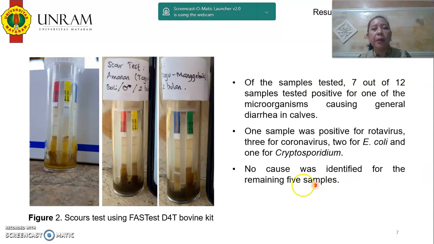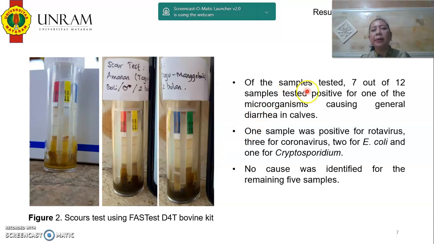Samples from 12 scouring calves were tested using the Fast Test D4T bovine kit as shown in figure 2. This is some of the samples that we have tested. For example, this one shows positive for coronavirus, and this one here shows positive for cryptosporidium.